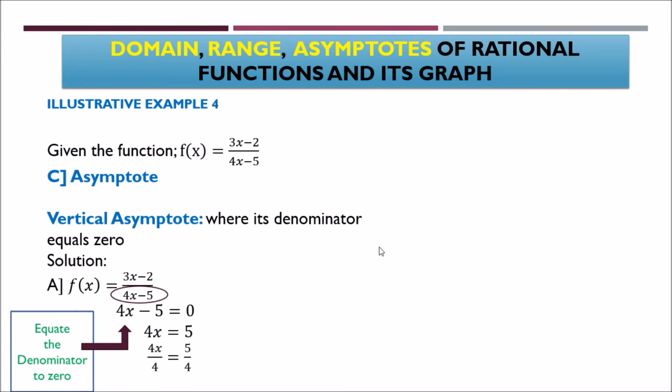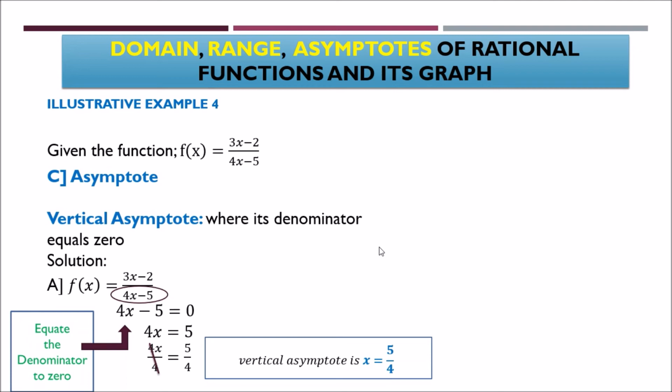Then simplify, 4x equals 5, then divide both sides by 4 to get 5/4. Therefore the vertical asymptote is x equals 5/4, which is also equal to our domain earlier.